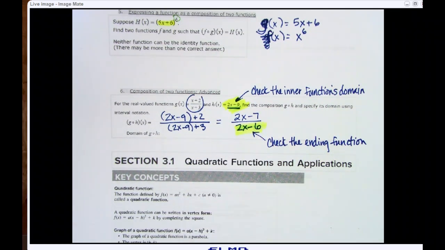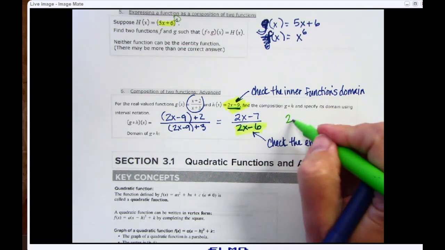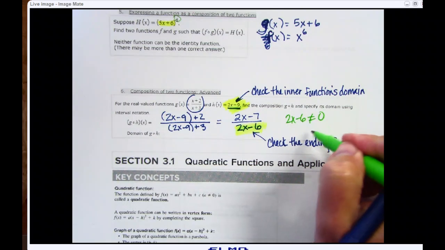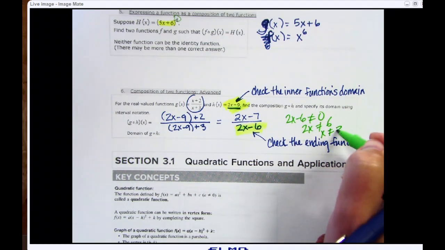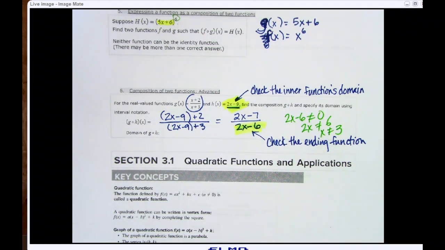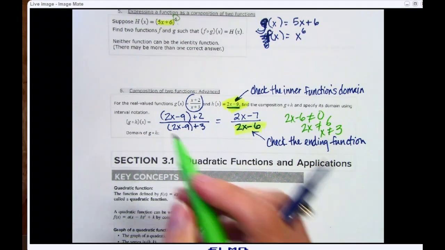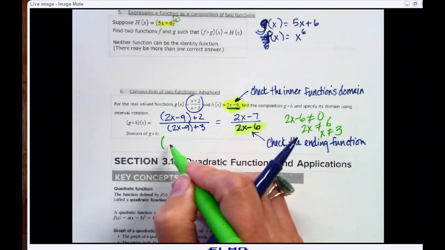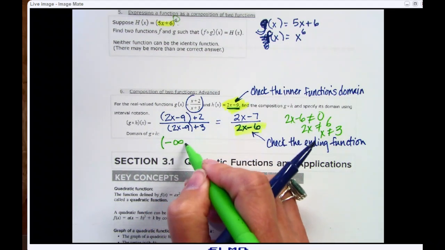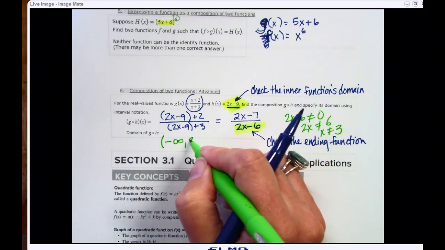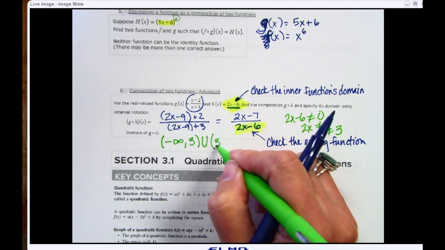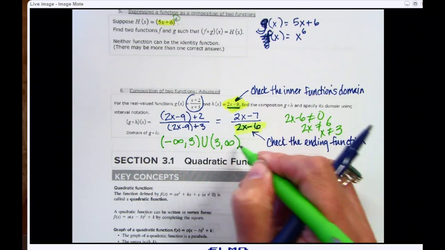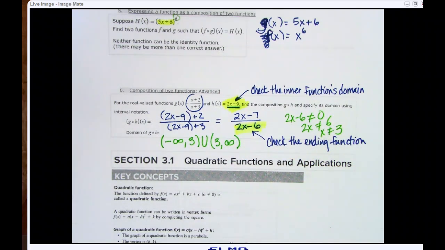What can x not equal on this one? 3. Yeah, so 2x minus 6 cannot equal 0. 2x cannot equal 6, so x cannot equal 3. How do we write that in interval notation? It's been a minute. If 3 is the only excluded thing, isn't that what it looks like?